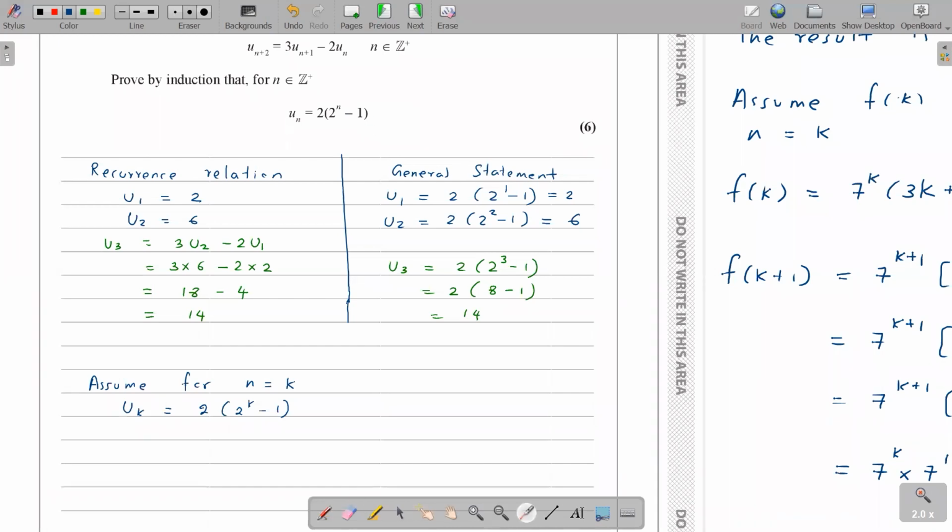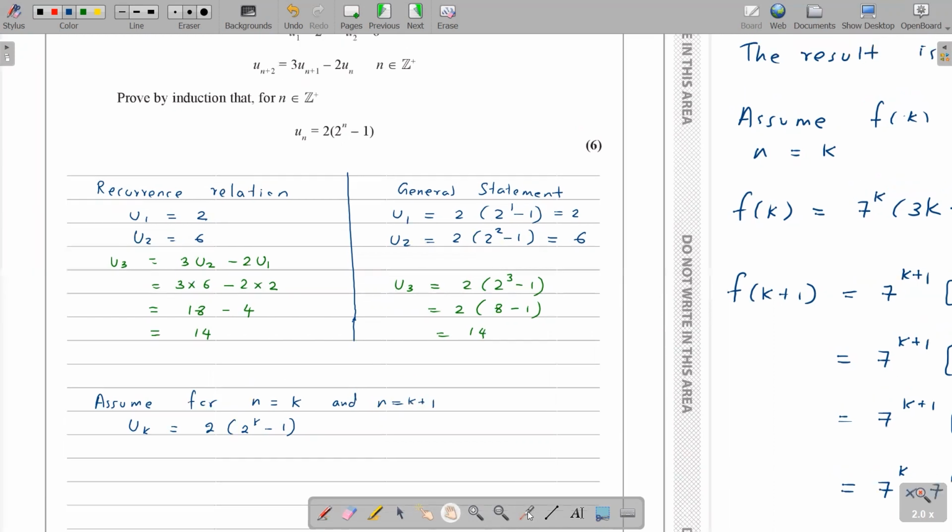So assume for n equals k, that's not the only assumption here. In these kinds of questions where you have a recurrence relationship where you depend on the two previous terms, you do an assumption not just for one, you do an assumption for two. Assume for n equals k and n equals k plus 1, because the recurrence formula is made up of two previous terms, not just one term.